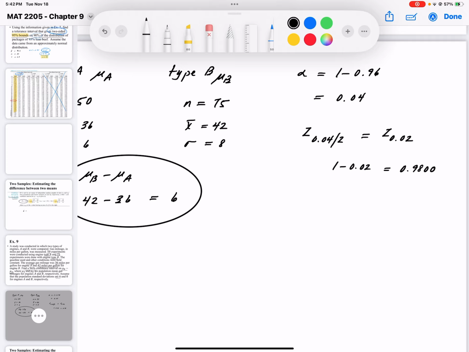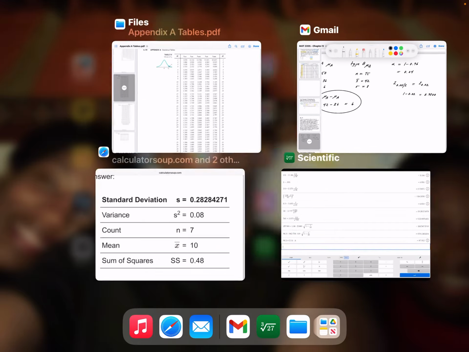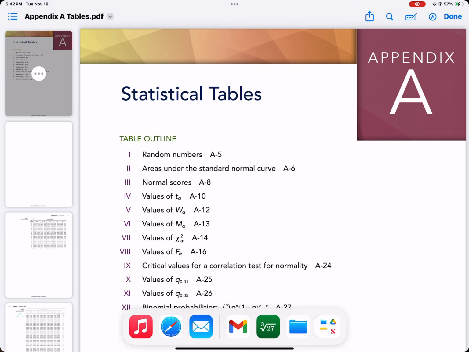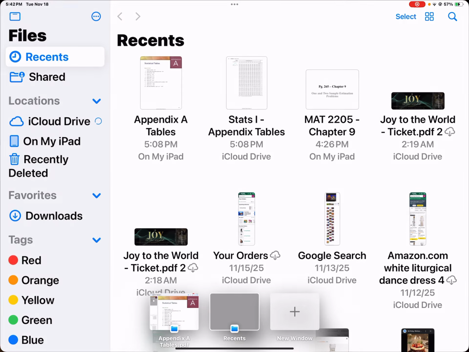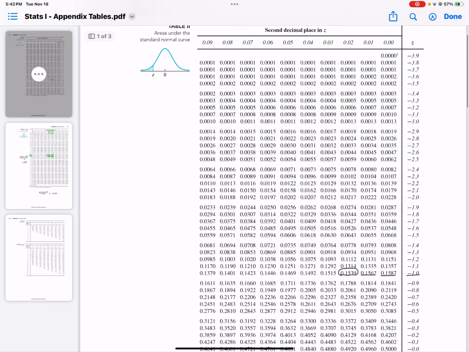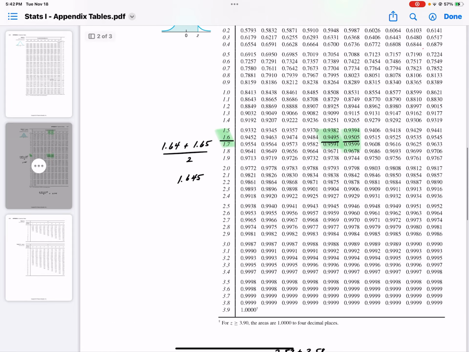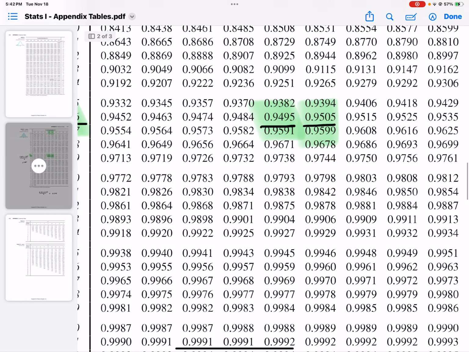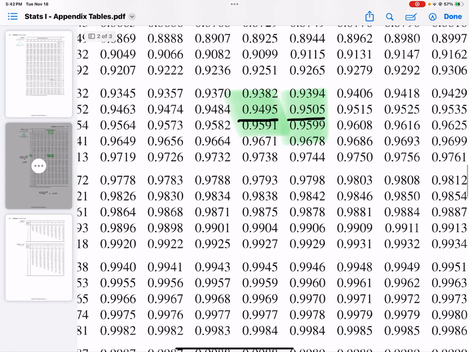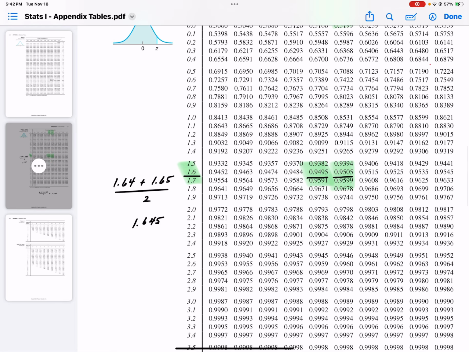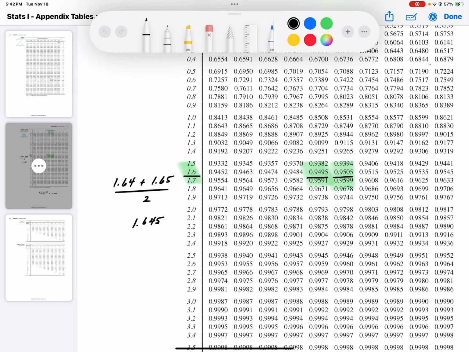Now let's go to our chart. Okay, 0.98. I hope you're looking. All right, so according to this, pay attention now.